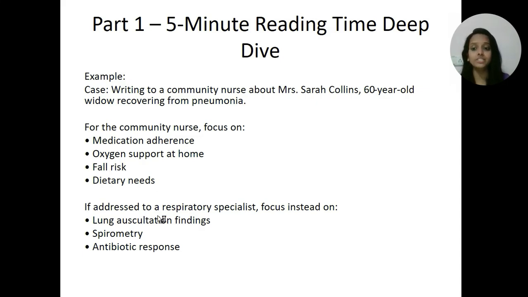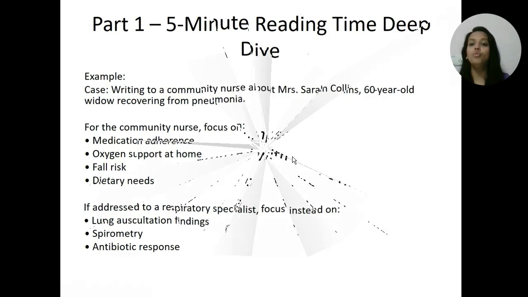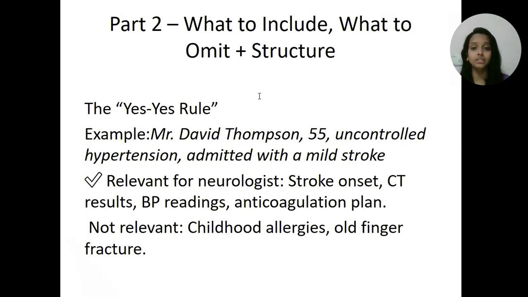So if the addressee was a respiratory specialist, you would focus instead on lung findings, spirometry, and antibiotic response. Got it? So this is how you need to transfer your findings. Now let me tell you what to include, what to omit, and how to build your structure.